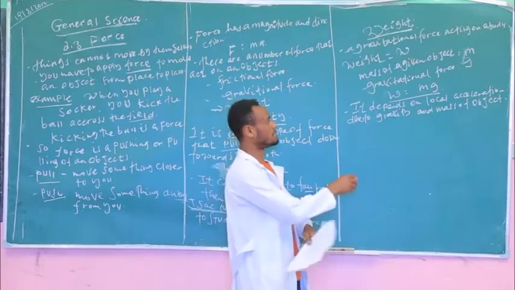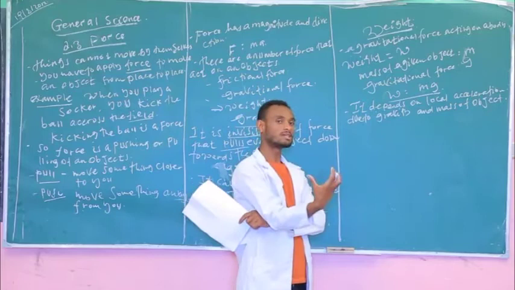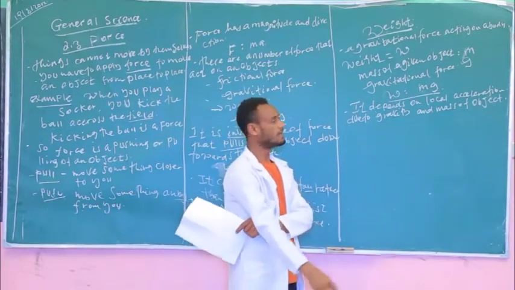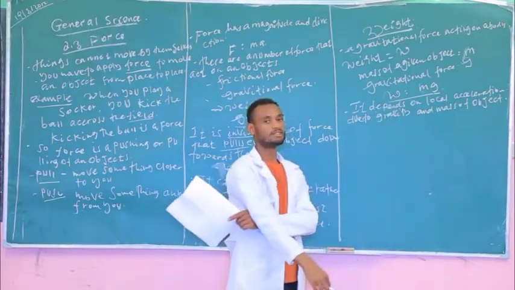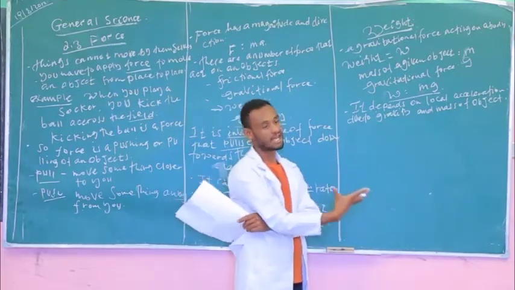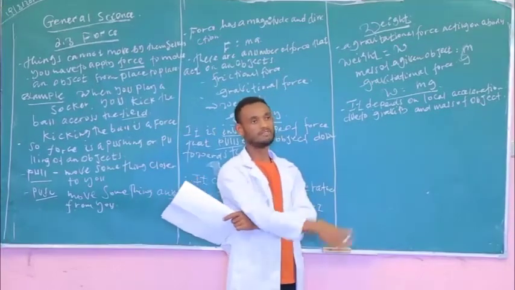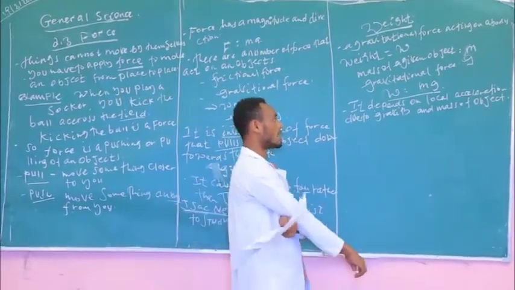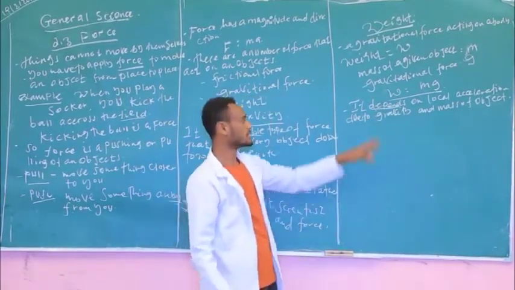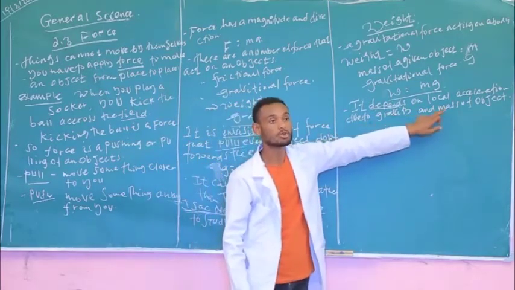Because, you see, for example, students, the gravity on the Earth and the gravity on the Moon will be different. That's why their weights will also be different. It means that the weight of a given object on the Earth and the weight of a given object on the Moon will be different. That's why it depends on the local acceleration due to gravity and the mass of an object.